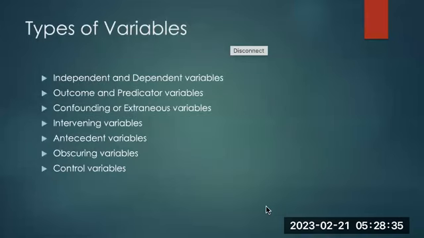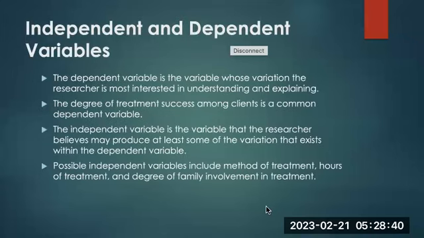So even though there are different types of variables, we're going to focus on the primary ones. So let's look at independent and dependent variables. The dependent variable is a variable, again, whose variation the researcher is most interested in understanding and explaining.